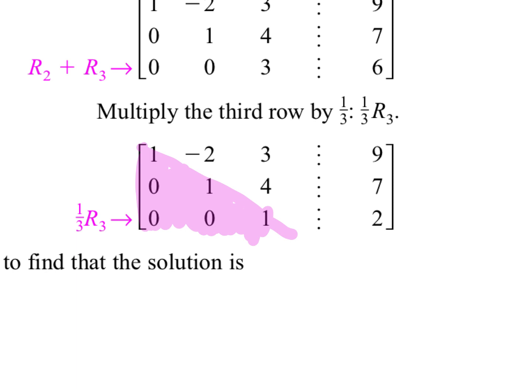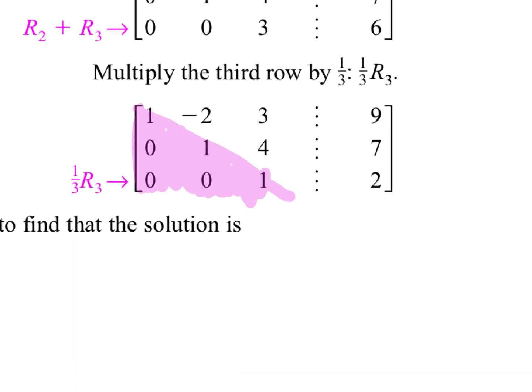But when you do this, if you notice, there's no variables there. But you could write this as a system of equations. This is my x. This is my y. This is my z. And what are these? The answers.